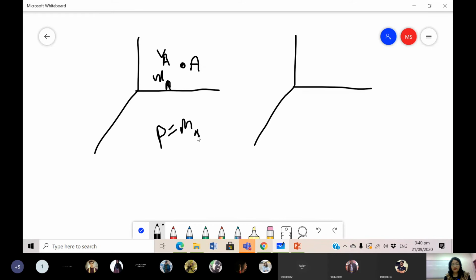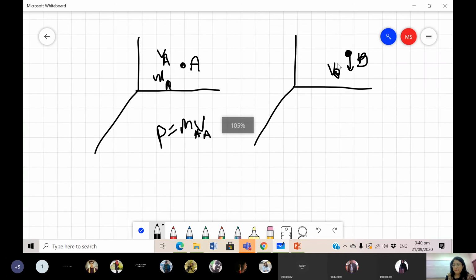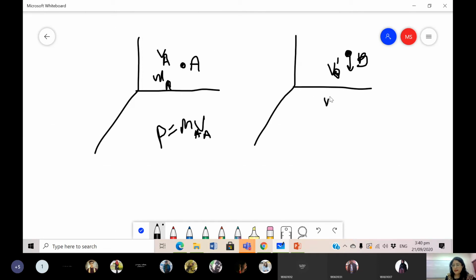Simple, because this frame is not moving, we are the observers in the same frame as A. Now if I have a particle B here, moving downwards with VB dash in this frame, and it has mass MB, what is its momentum in that frame?